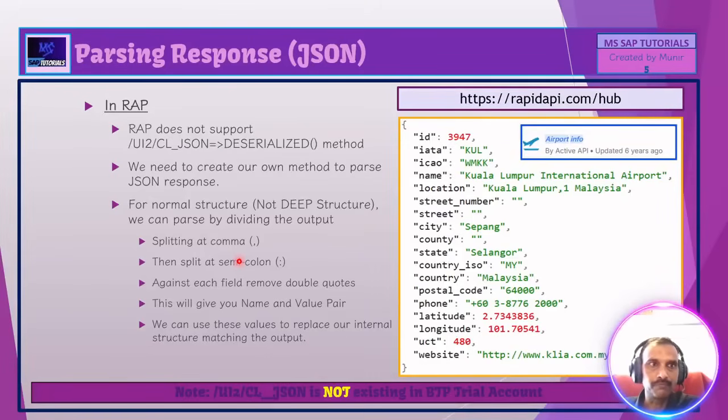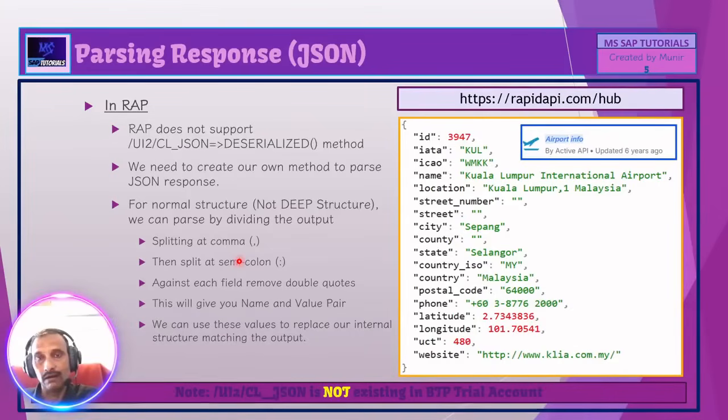Okay. Now, one more thing with RAP, especially in case of the cloud. Since I am also using BTP cloud, I see that we don't have CL UI2 under slash UI2 slash CL JSON. This class does not exist in trial account, guys. So what I had to do is use this particular free API, which is on rapidapi.com/hub. You can find it there.